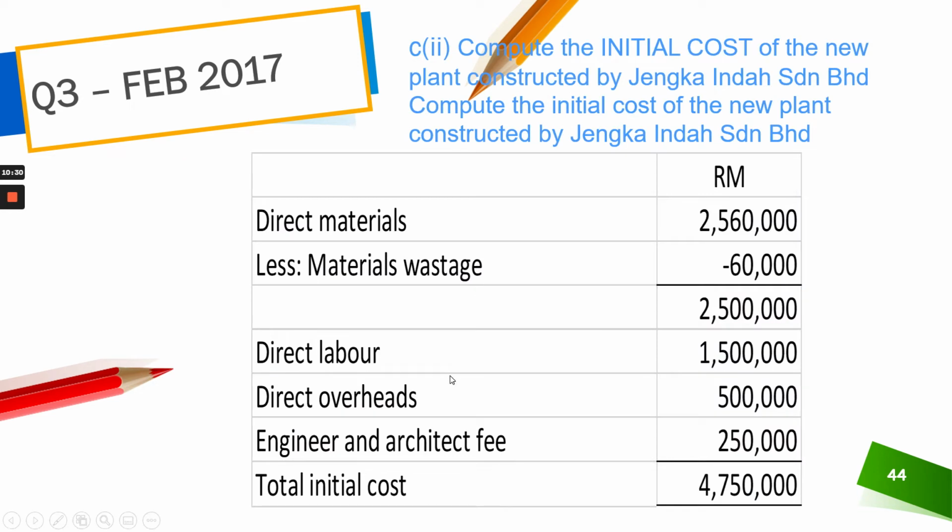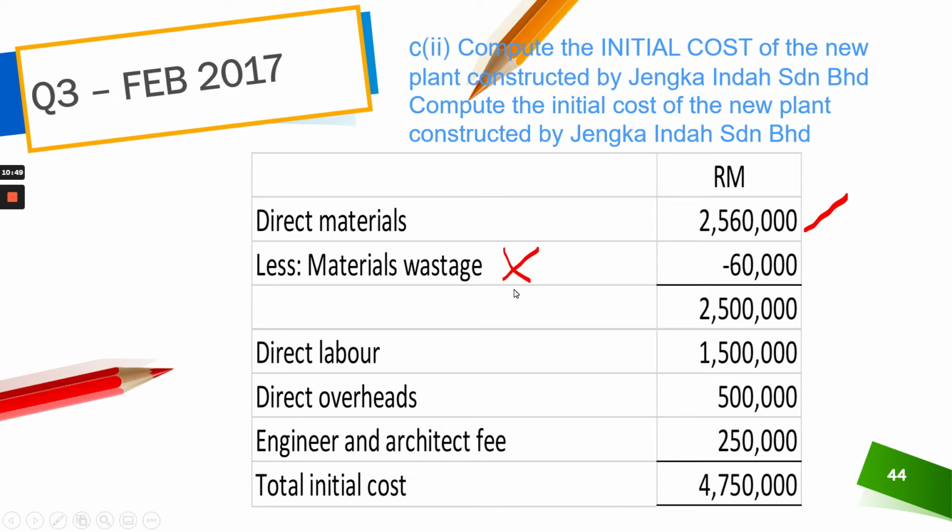So to relate to our case earlier, these are the items that will be included. This is in line with the first part of the cost of the self-constructed plant. And remember earlier I mentioned that you need to go and exclude material wastage.